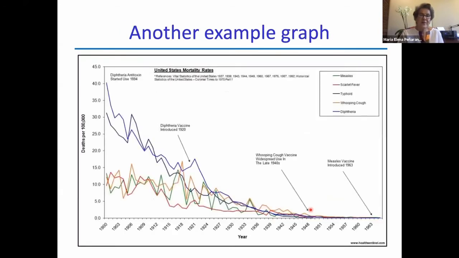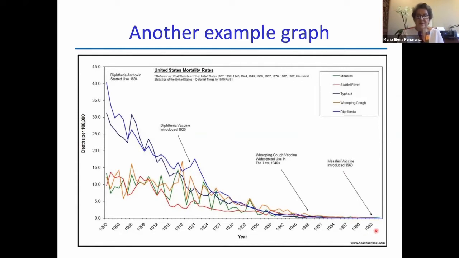And this is another type of graph with the vaccine for diphtheria, and how the cases went down to almost zero in diphtheria, whooping cough, and measles after the vaccines were applied over the years.